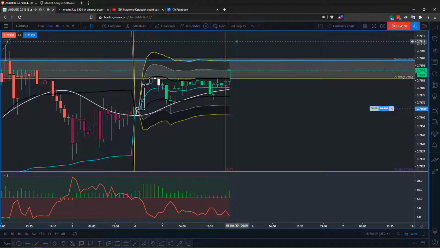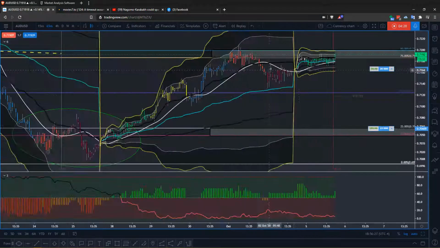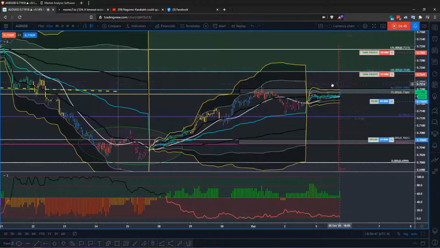So if we're able to do a quick pop above this, I expect that we will continue in this upward direction for a good chunk of the week. As you can see here, it's happened in the past where we broke to that initial direction, and we just continued with it for the entire week. So that plus this gives me good confidence that it will continue going up.